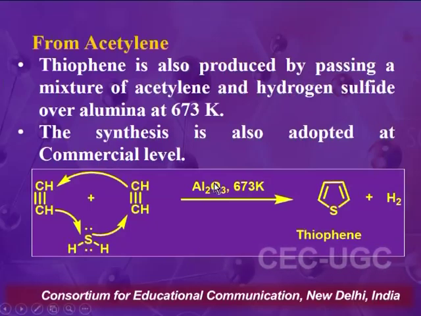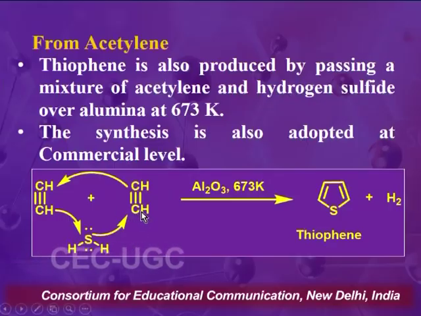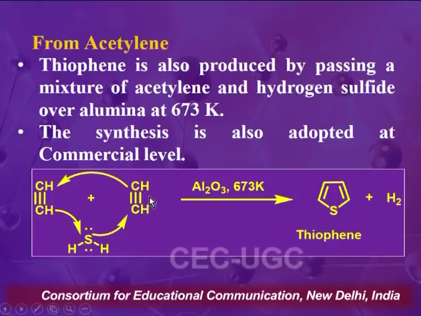Thiophene can be prepared by passing a mixture of acetylene and hydrogen sulfide over alumina at 673 Kelvin, and the synthesis is also adopted at commercial level.